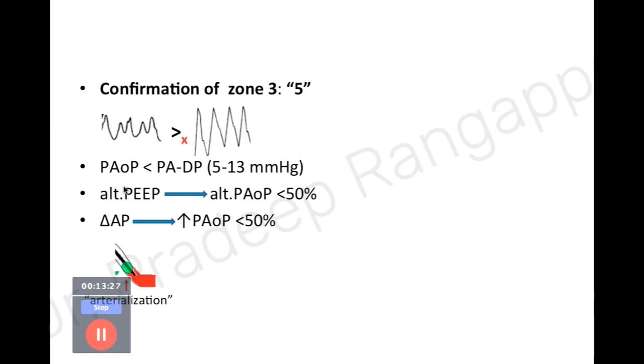And pulmonary artery occlusive pressure should be less than pulmonary artery diastolic pressure, which is 5 to 13 millimeters. Alteration of PEEP should alter pulmonary artery occlusive pressure by less than 50%. And changes in arterial pressure should change pulmonary artery occlusive pressure by less than 50%, and there should not be arterialization of the blood. So these are some of the ways that we ascertain it.